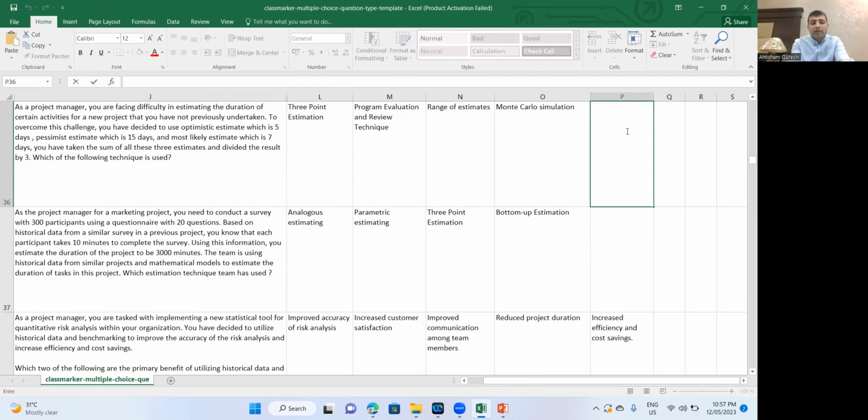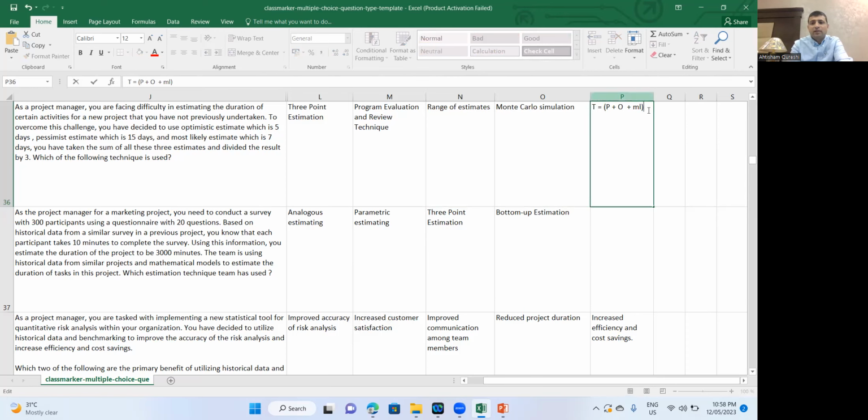This is a 3-point estimate, which is actually: T is equal to pessimist plus optimist plus most likely, right? And then you divide all by 3.